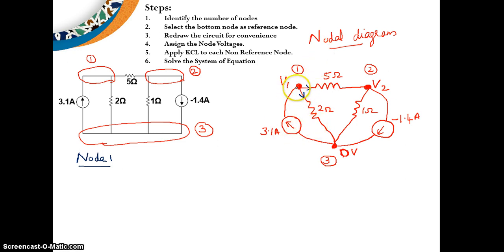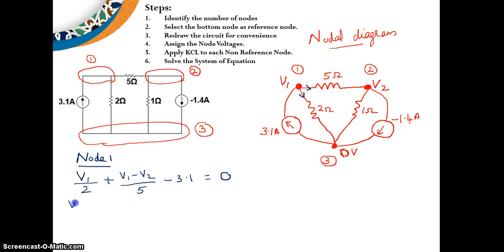So for node 1, this is 0 potential, so this current is V1 minus 0 by 2 ohm, that is V1 by 2. Plus V1 minus V2 by 5, the current in this branch. And the current in this branch is entering, so it is minus 3.1, equal to 0.